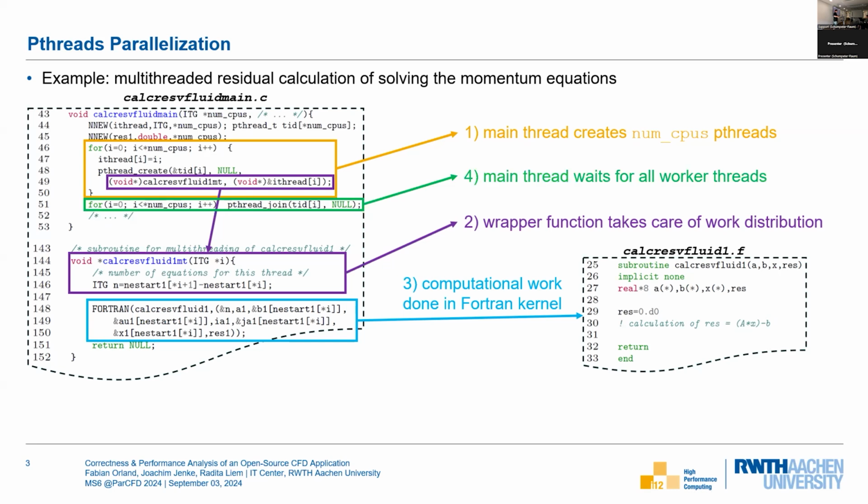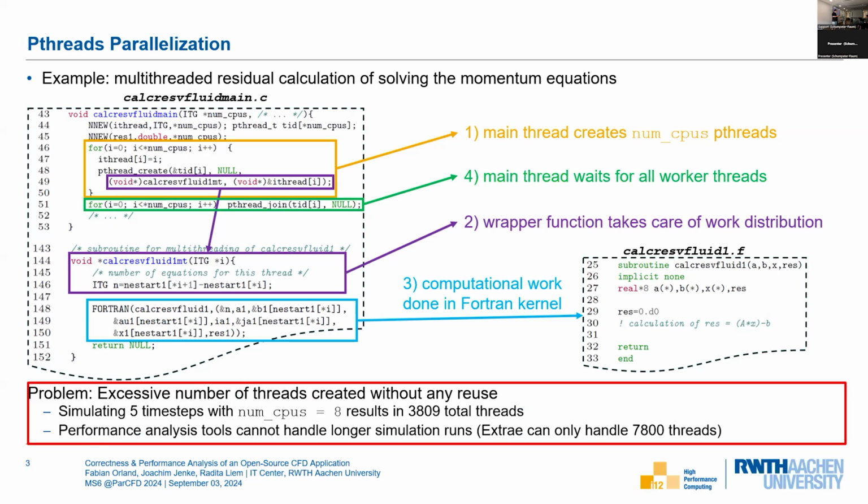In the end, when the parallel work has finished, the main thread uses pthread_join to wait for all the parallel threads and then continues in serial until the next parallel kernel is found in the code. This pattern has a problem, especially for performance tools, because each time there's a parallel computation in the code, it creates new pthreads but does not reuse the already created pthreads.